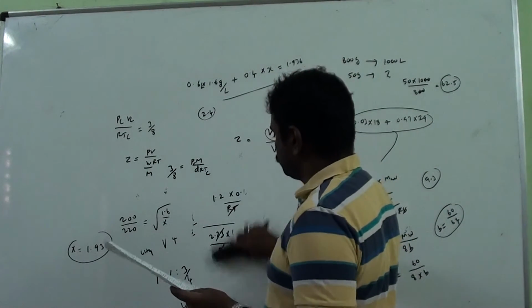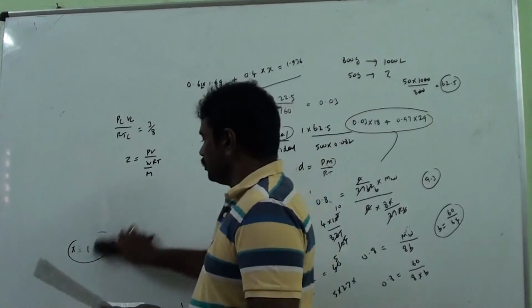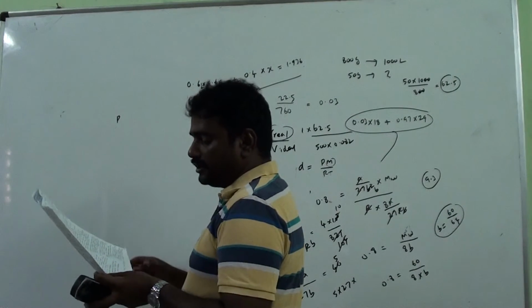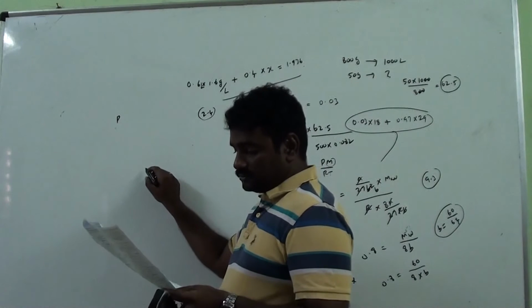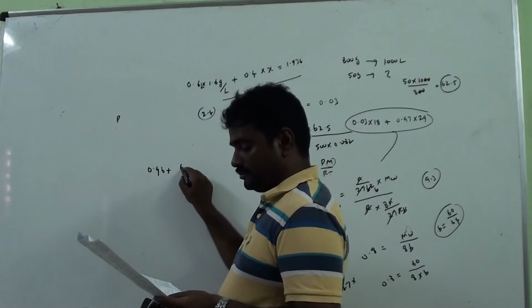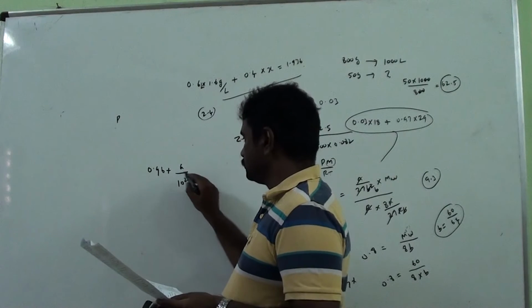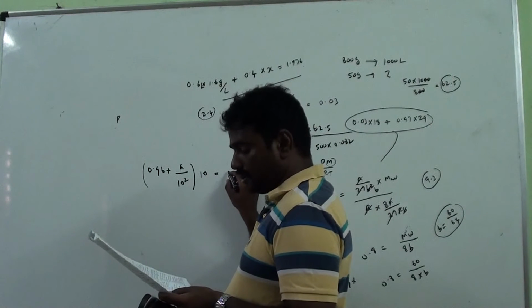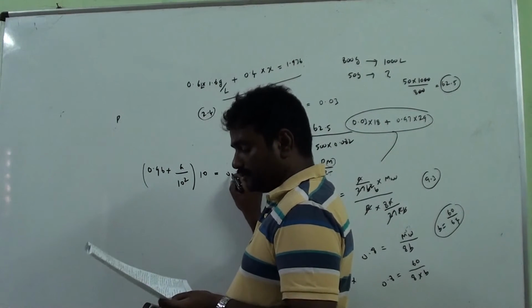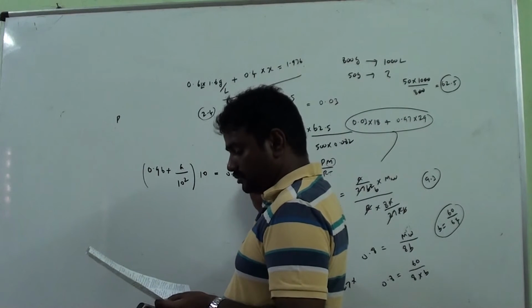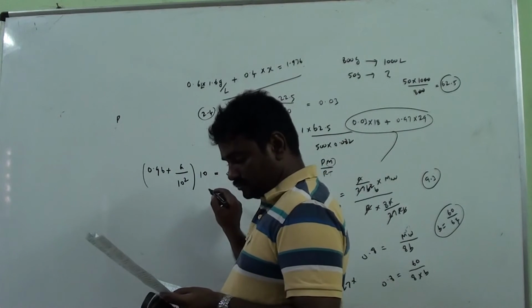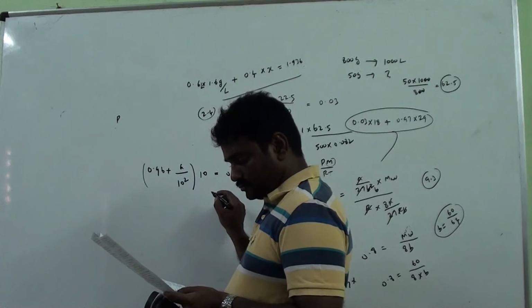So the equation: P plus a by V square, into V minus nb, equals RT. 0.96 plus a by 10 square, into 10, equals RT, which is 0.082 into the temperature.